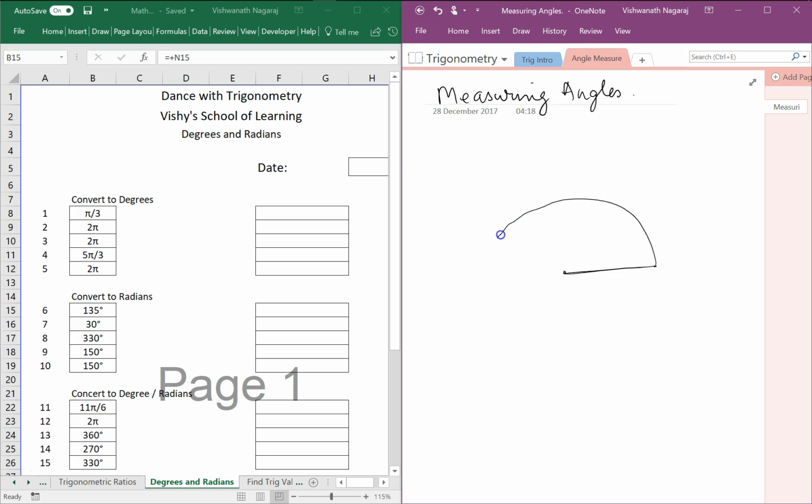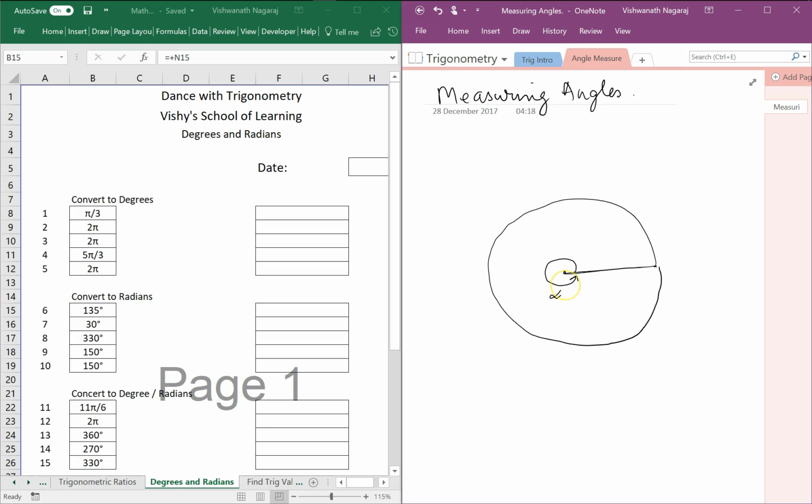Okay, let me very roughly draw a circle. Not a very good circle, but I think you get the idea. Now when this complete circle is covered, it comes back to its own original position. This is shown like this, and this can be given the name alpha.